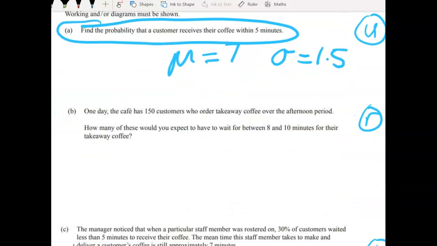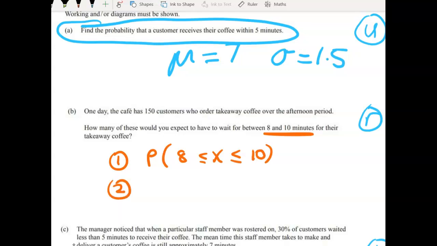Now the second part, hopefully I'll go a little bit faster, is where the cafe has got 150 customers who order takeaway coffee after the afternoon period. How many of these would you expect to have to wait for between 8 and 10 minutes for their takeaway coffee? So step 1 is to find the probability that the coffee waiting time is between 8 and 10.